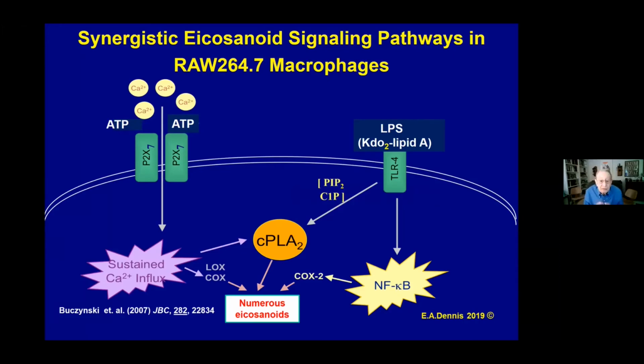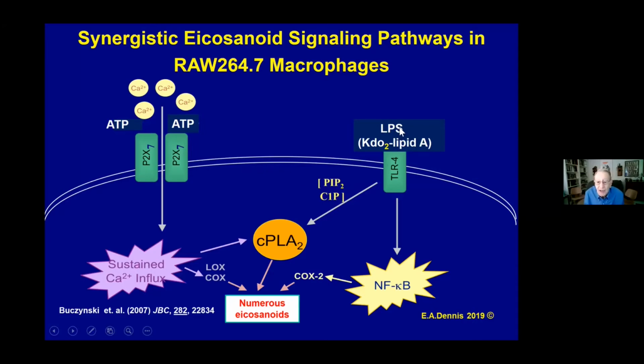So let me turn now one more step in detail to the pathway I just described. This is a schematic picture of a macrophage which encounters a bacteria like E. coli or another gram-negative bacteria, which carries lipopolysaccharide or LPS on its surface.